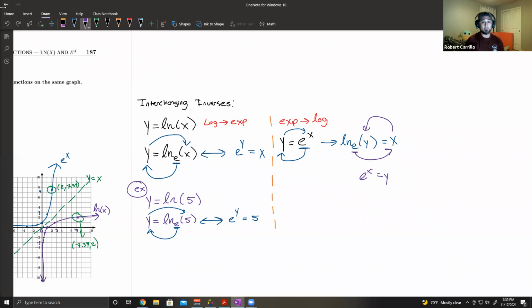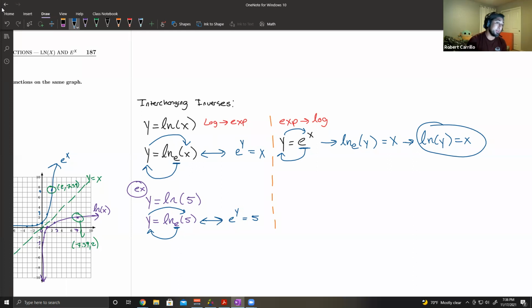To finish this off, we know that e is the base of the natural log, so this finishes to just natural log y equals x. You never have to write that base of e when you are making calculations. You only put that base of e there when you are converting from exponential to log or log to exponential, but you get rid of it after you convert. So this is what we're going for.